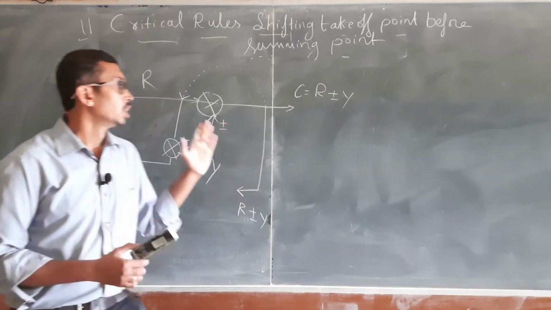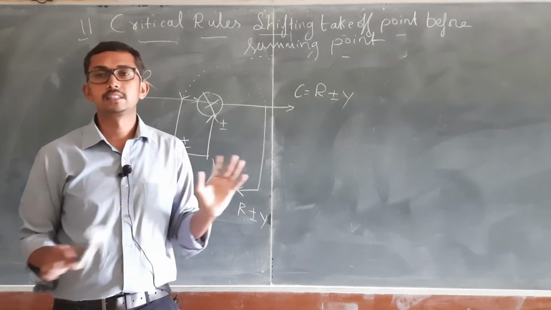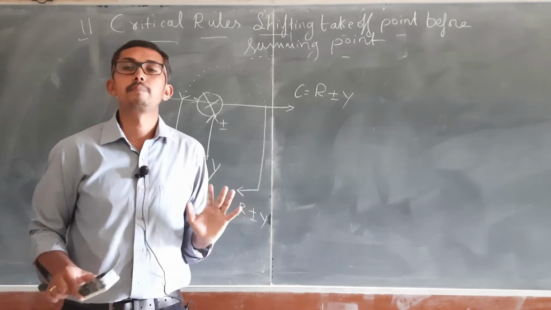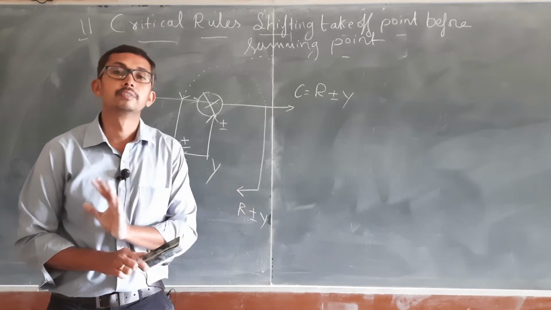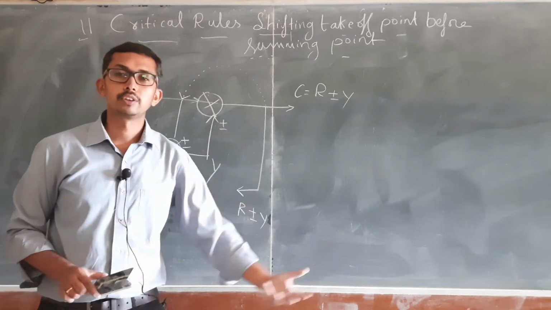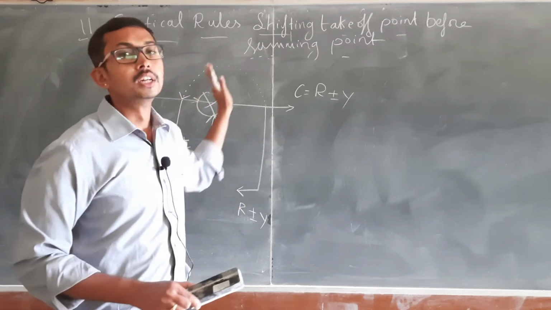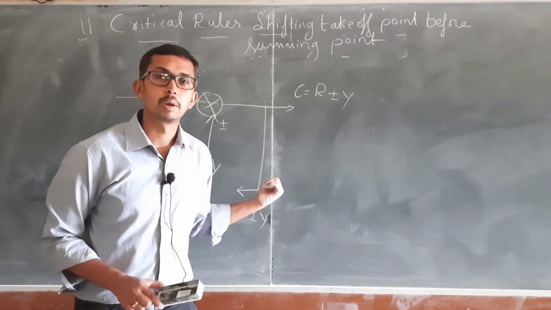Unless until then, we should not apply the critical rules 10 and 11. We need to go through the complete rules, and check whether it can be solved in a different way using all the other remaining 9 rules. If not, then only you have to come to the critical rules 10 and 11.